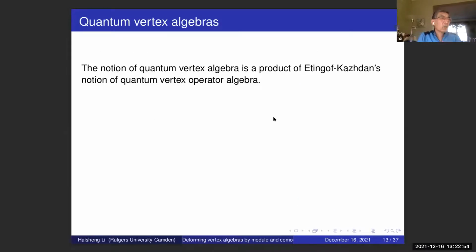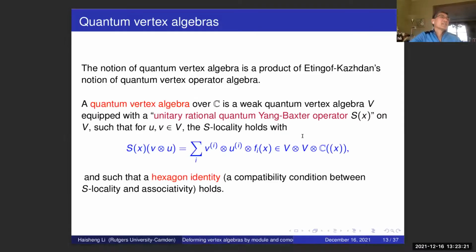For quantum vertex algebra without the weak, this is basically directly from the Etingof-Kazhdan notion of quantum vertex operator algebra. For Etingof-Kazhdan, I say it is because it is h-adic. Here you just consider it without h-adic, and you directly get the axioms.